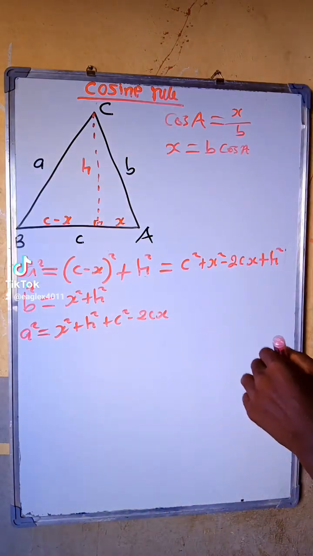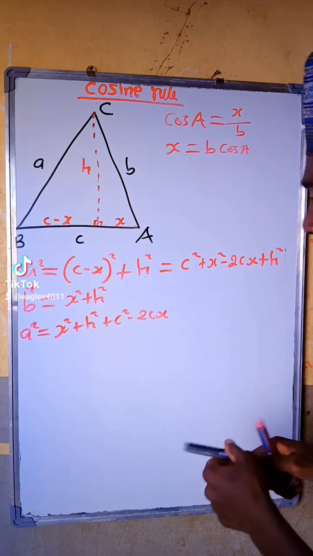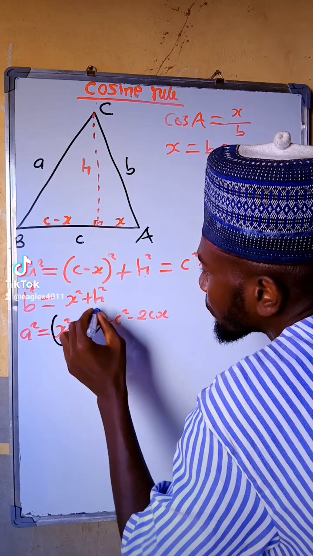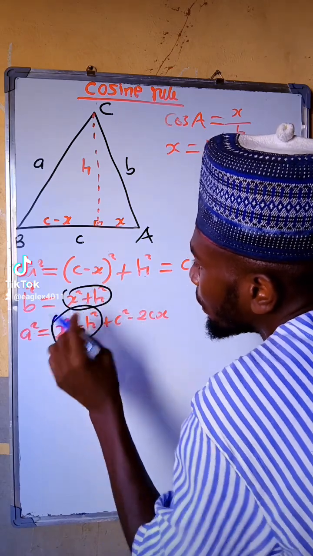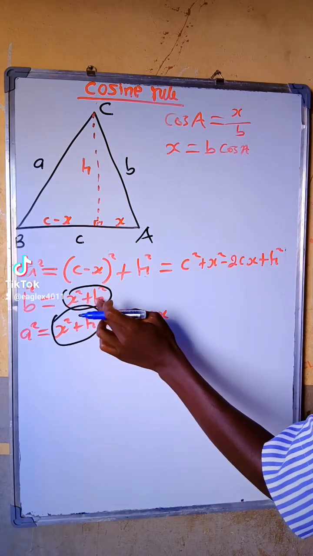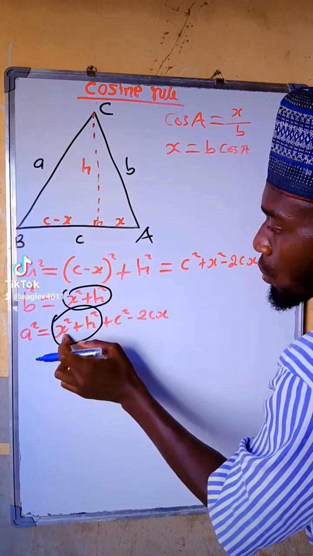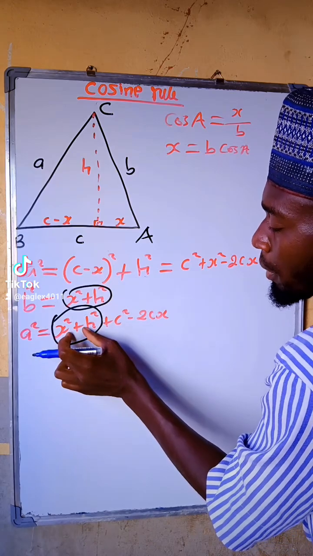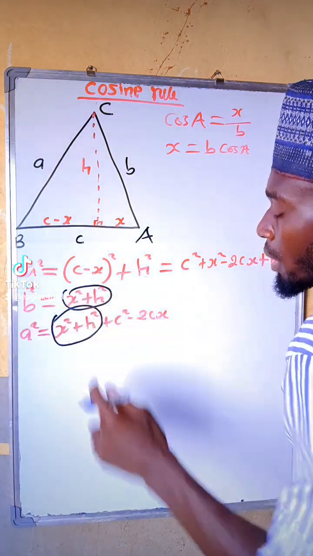We can see that x square plus h square is the same thing as b square, so we can replace it with b square.